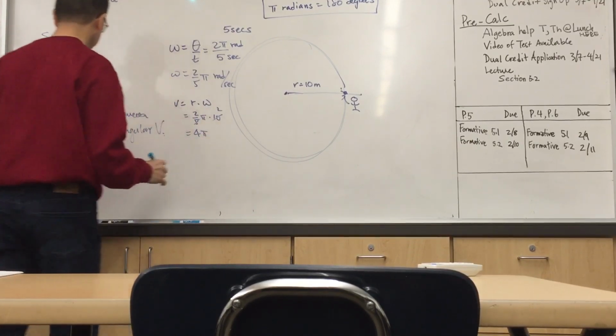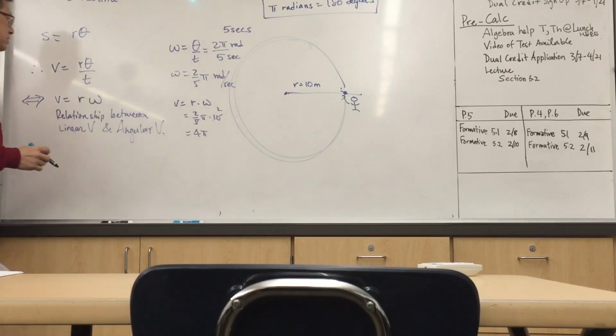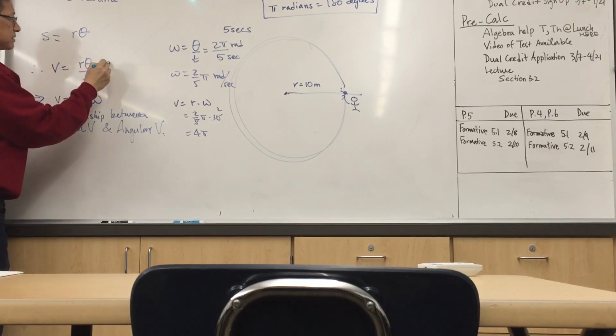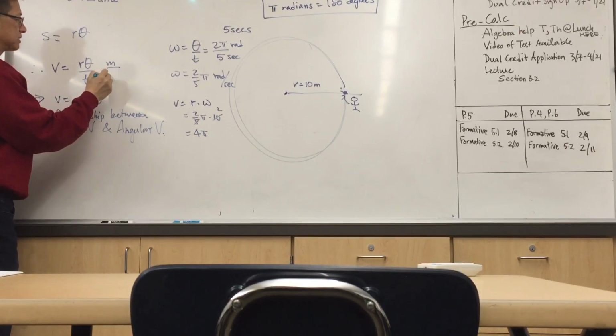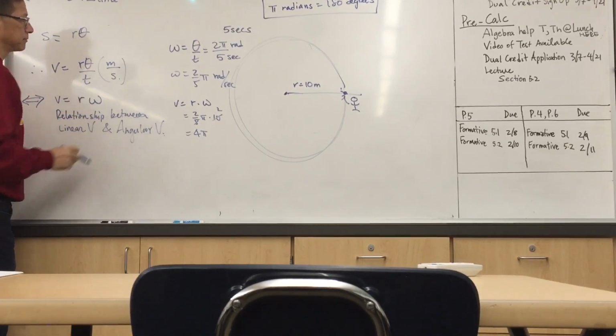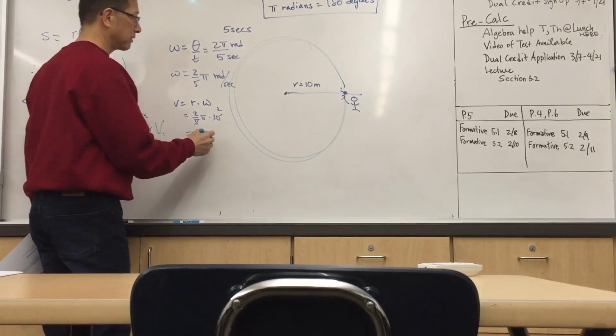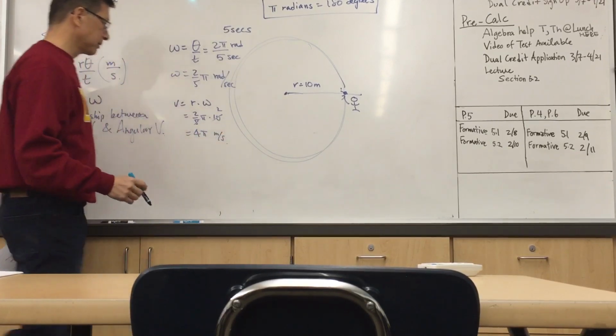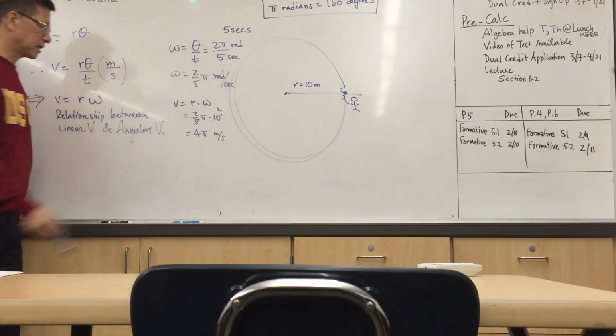What are the units here? This is distance per time, meters per second. So this is going to be 4 pi meters per second, because 5 is in seconds.